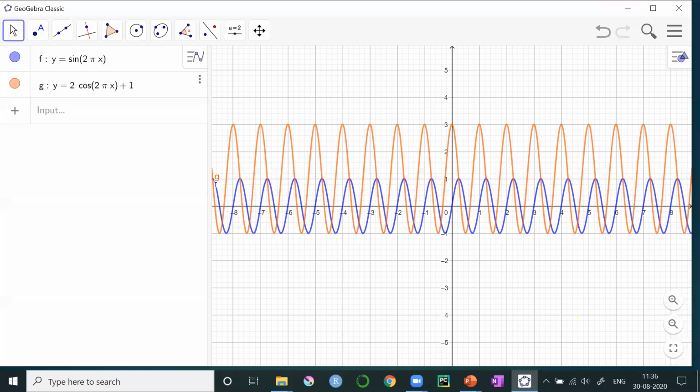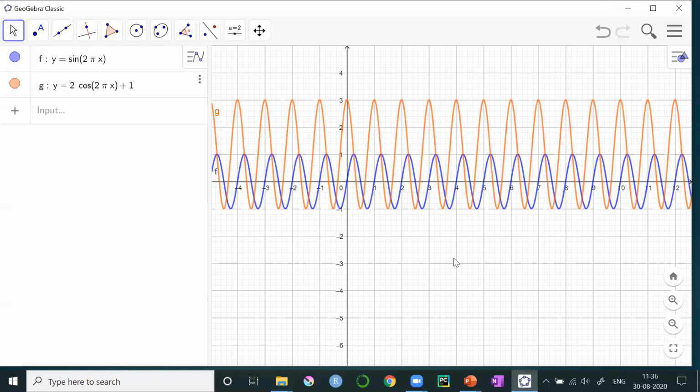Okay, so now do you see what is happening here? See, the blue graph is the sine one, which is changing very fast. But I took 2 pi into x, but I want 100 there, which I did not put. Let's say if I put 100, then it'll go very fast.